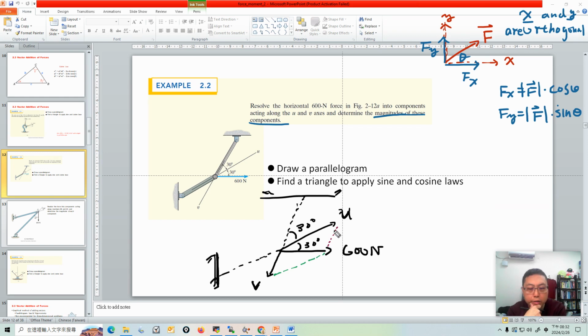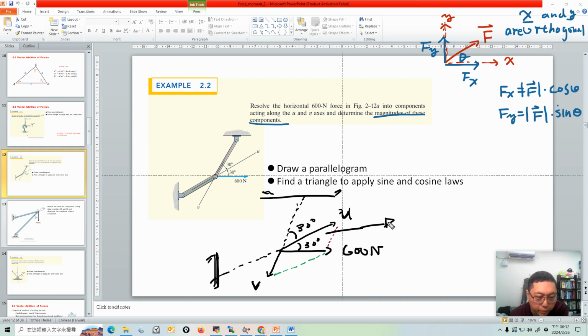Next is using trigonometry. Which triangle do we want to use? I think we choose this one.